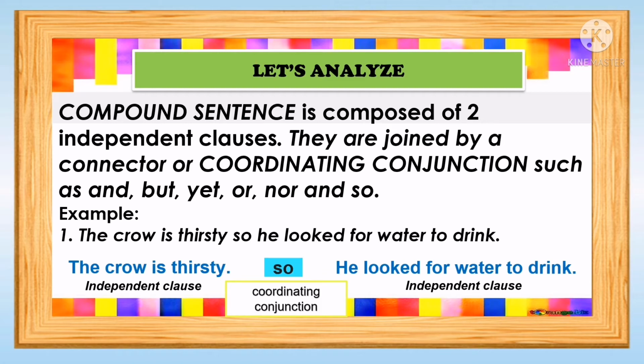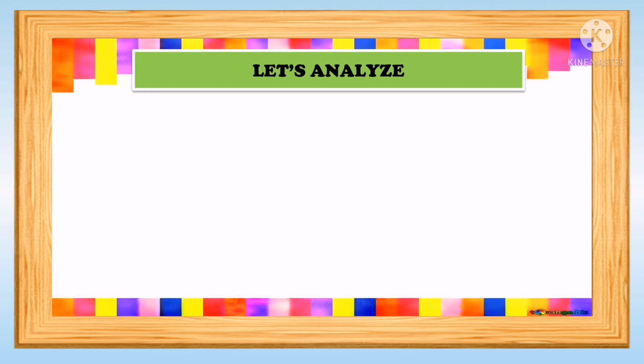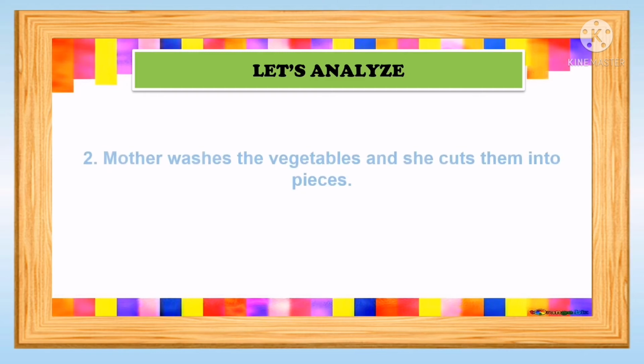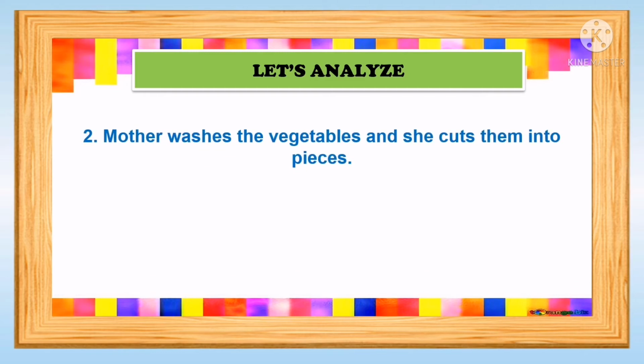Okay? Now let's have more examples. Now let's have the second example. Mother washes the vegetables and she cuts them into pieces. Now let's try to look at the two independent clauses and the coordinating conjunction. The first independent clause is Mother washes the vegetables.